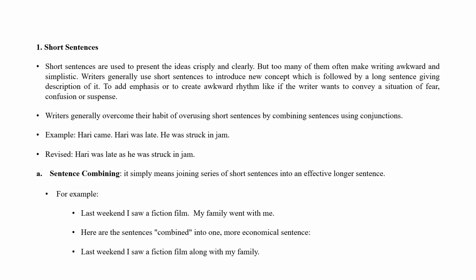Sentence combining simply means a series of short sentences are joined into an effective longer sentence. For example, last weekend I saw a fiction film. My family went with me. Here are the sentences combined into one more economical sentence. Last weekend I saw a fiction film along with my family.